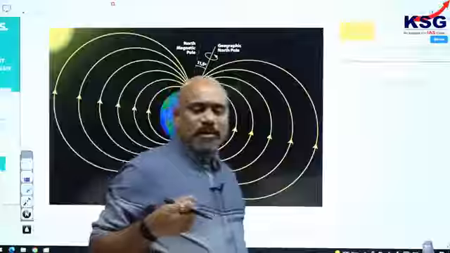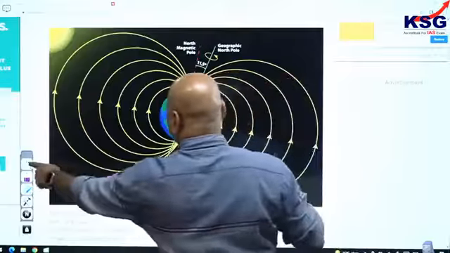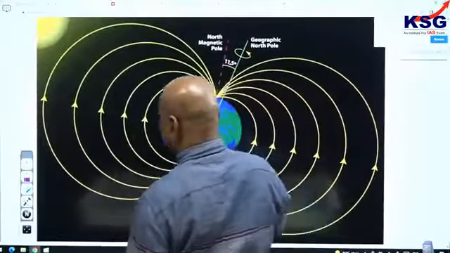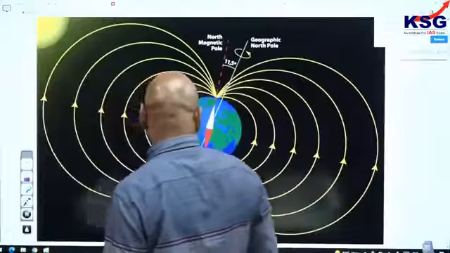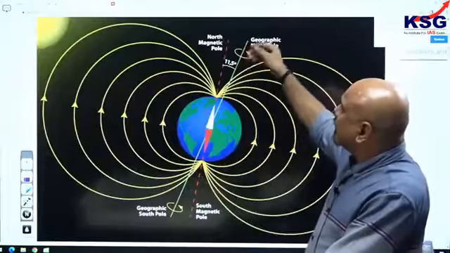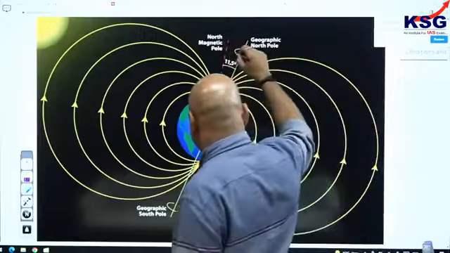Some books say 21 degree difference. Look at here. This is the geographic north pole. This will be the magnetic south pole.